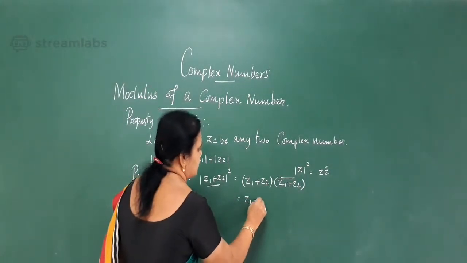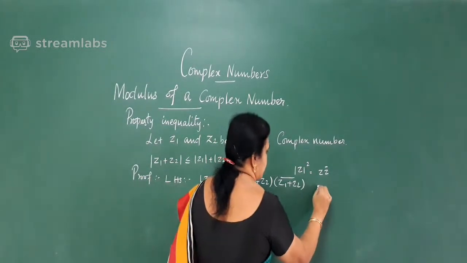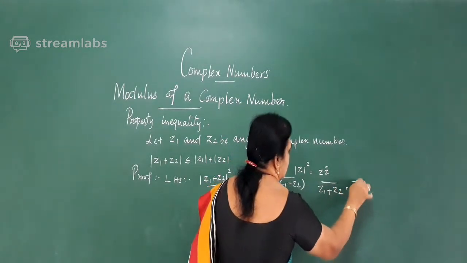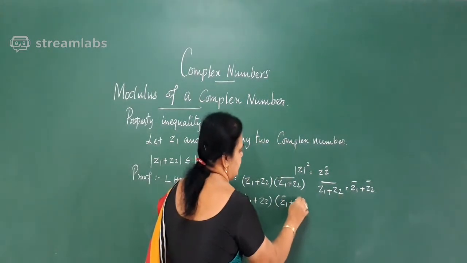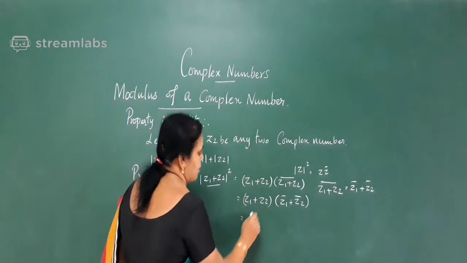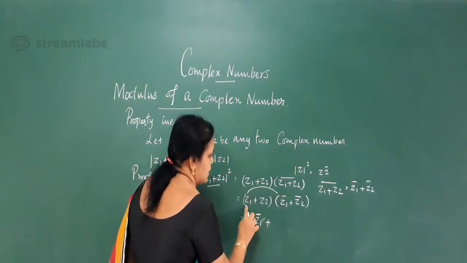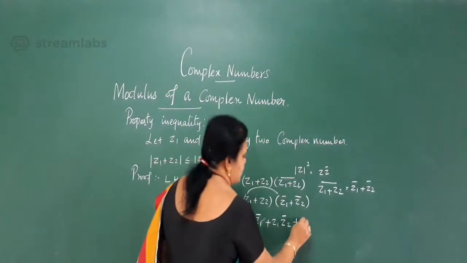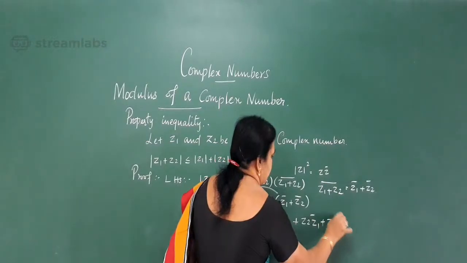Now I am going to split this by using this property: z1 plus z2 whole bar is equal to z1 bar plus z2 bar. Using this property, I am going to write here, then multiply one by one: z1 z1 bar plus z1 z2 bar plus z2 z1 bar plus z2 z2 bar.